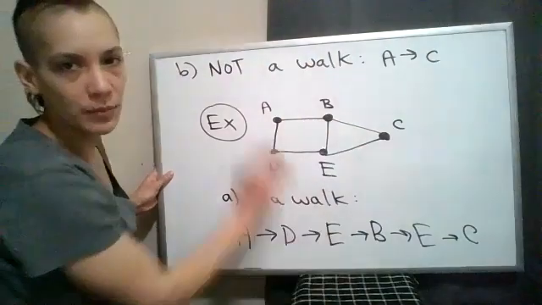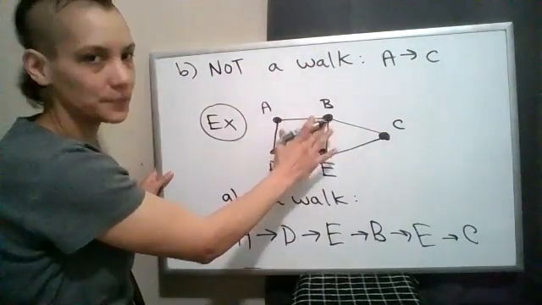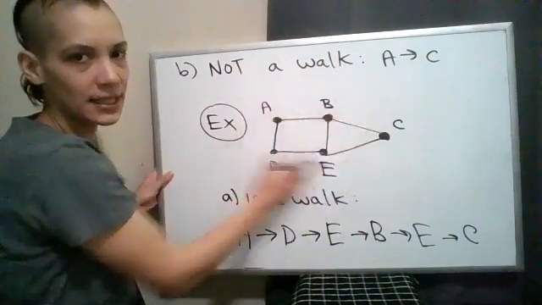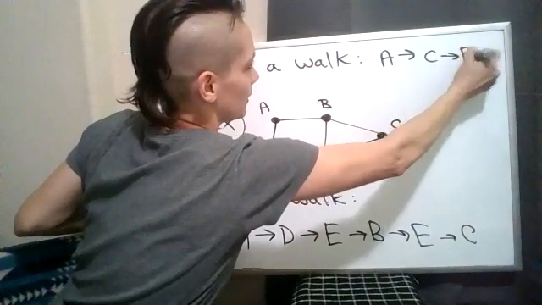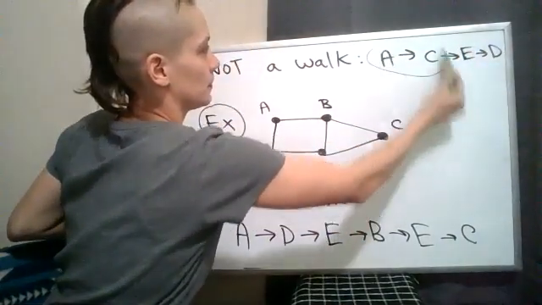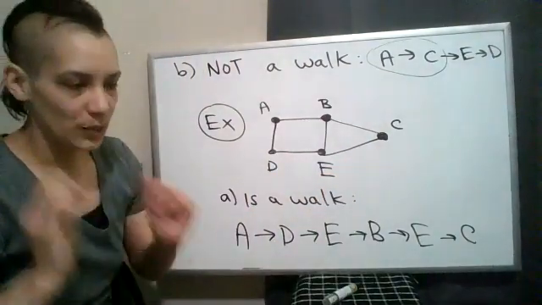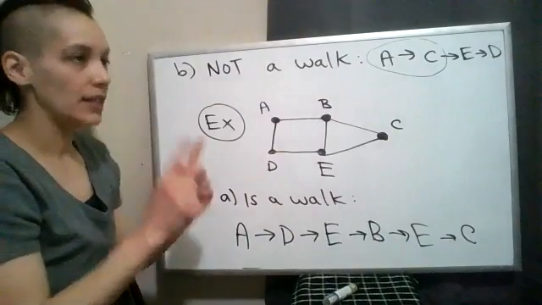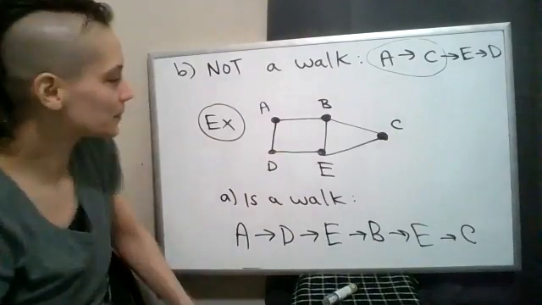There could be extra to it, but just missing vertex B is a problem. If you went A, C, E, D, it's still not a walk. Okay, let's do path. So a path is a walk and you cannot reuse an edge.